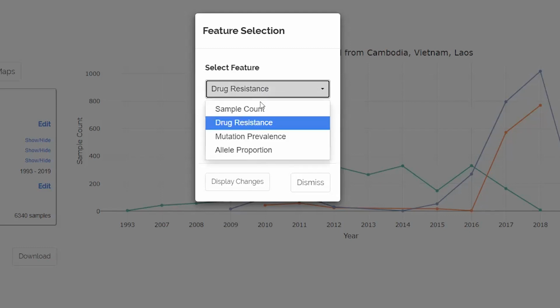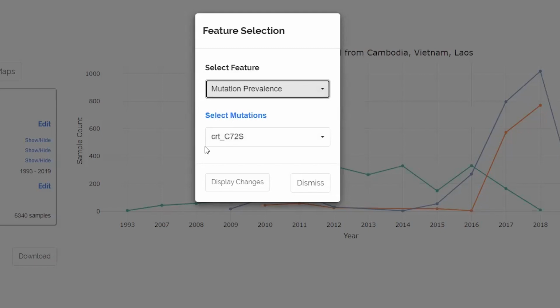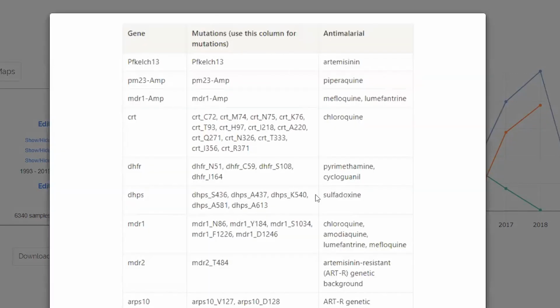So for instance, if I select mutation instead of drug, this bottom selection will change to mutation, and the same for allele proportion. Users can actually click on the heading here to see which alleles are associated with resistance to which drugs.